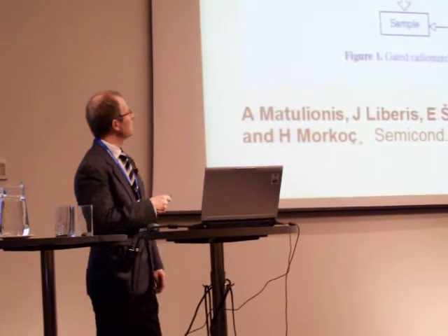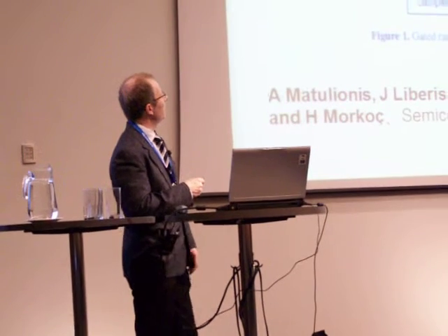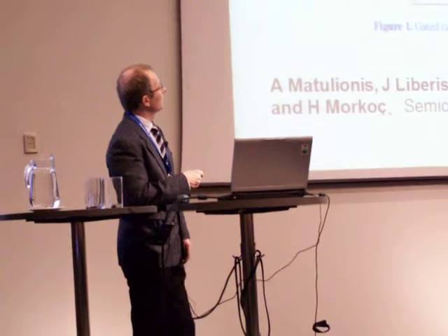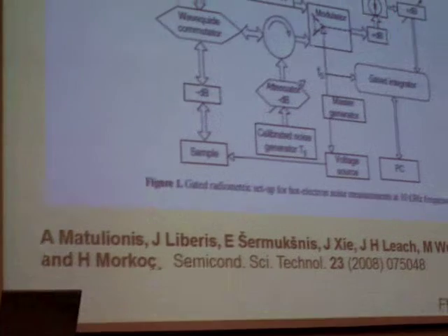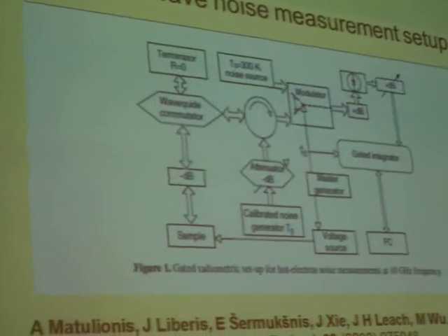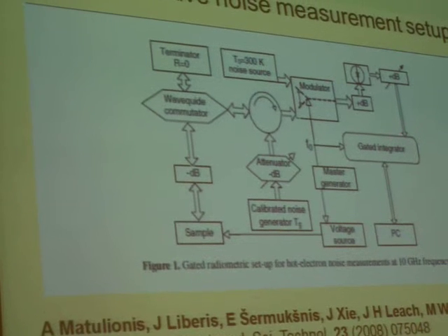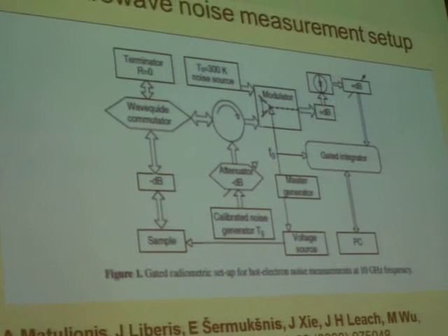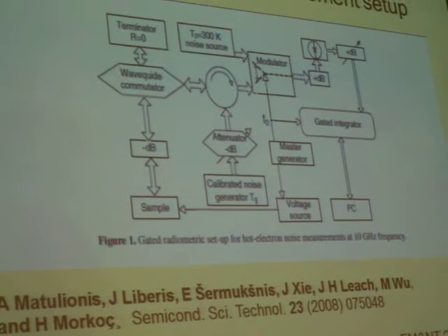The emitted signal is detected with a low noise amplifier, and further it is amplified by low noise amplifier, detected with microwave diode. The signal is integrated in the gated integrator. The signal is calibrated with the noise generator.